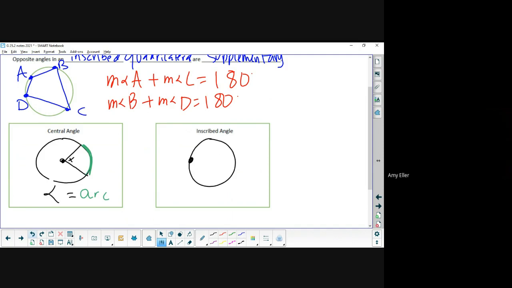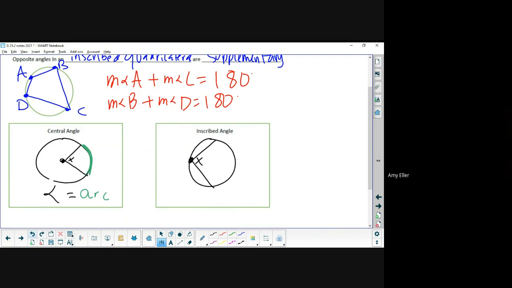And draw an angle. You could draw this. You could draw this. So many things you could draw. Basically, just need two rays going out. Put an X where your angle is.